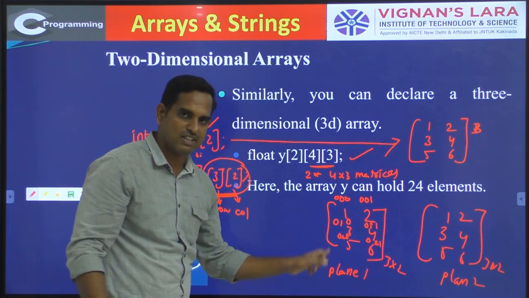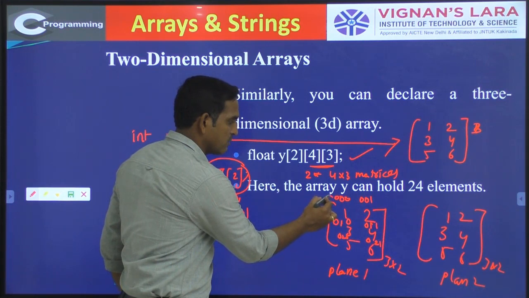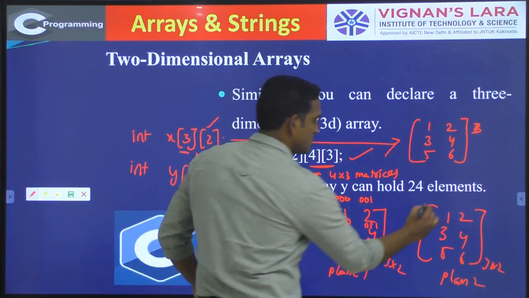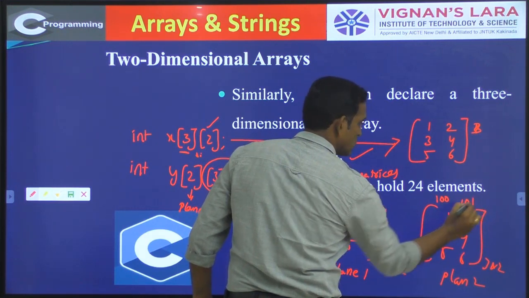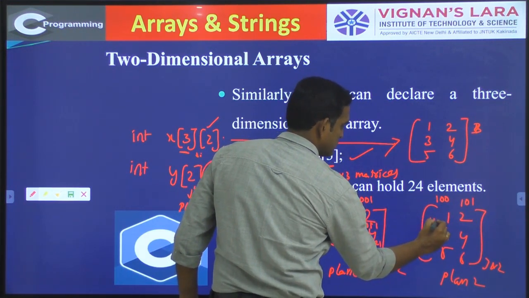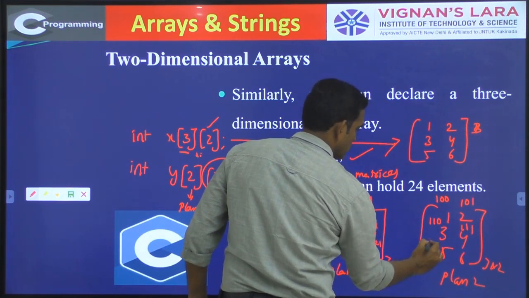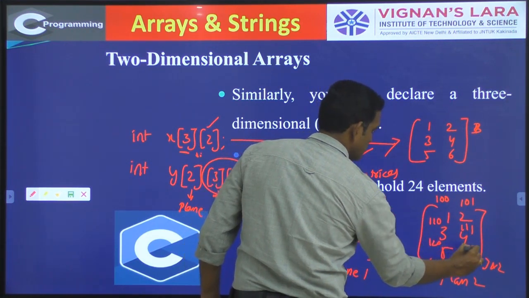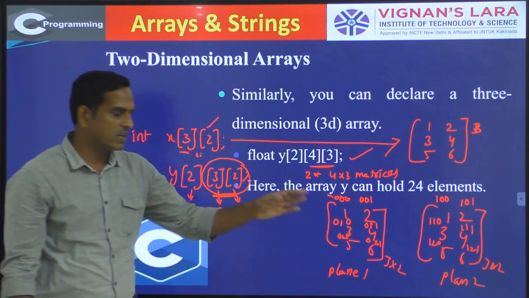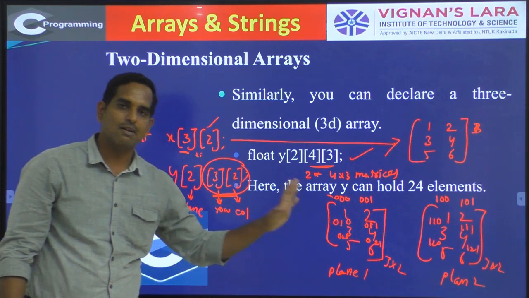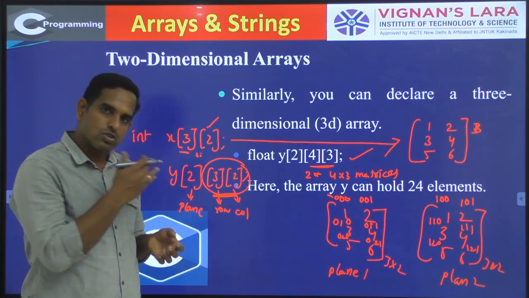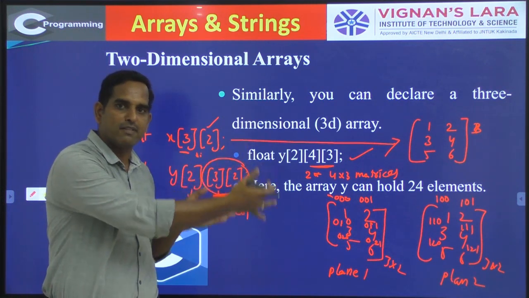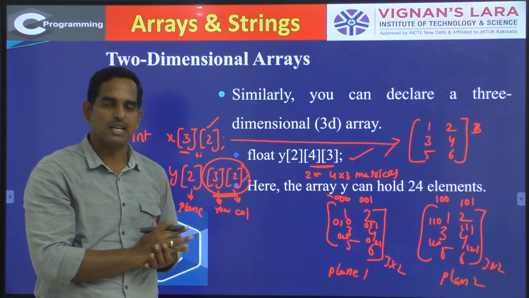Since it is the first plane, I am signifying it with 0. In the same manner, for the second plane: 1 0 0, 1 0 1, 1 1 0, 1 1 1, 1 2 0, 1 2 1. Those will be the indices for each and every element present in that particular 3-dimensional array. The same concepts can be applied for 4-dimensional or higher-dimensional arrays.